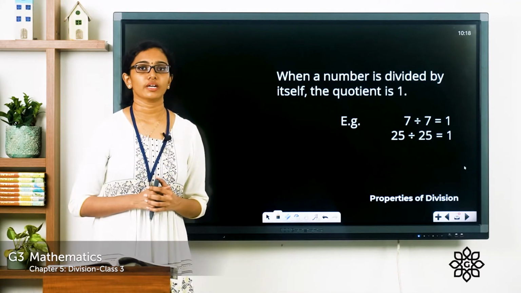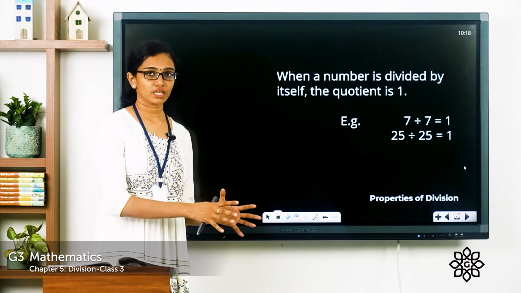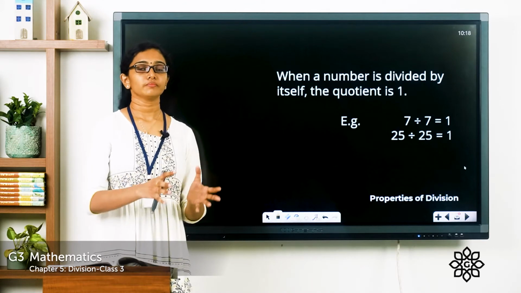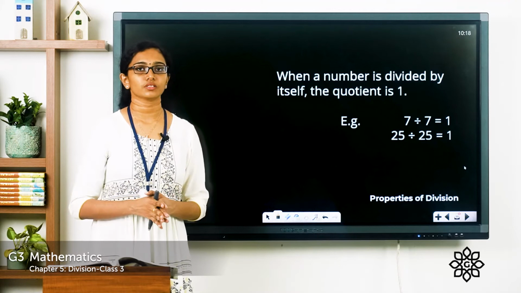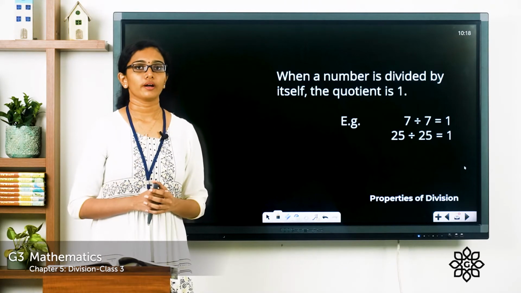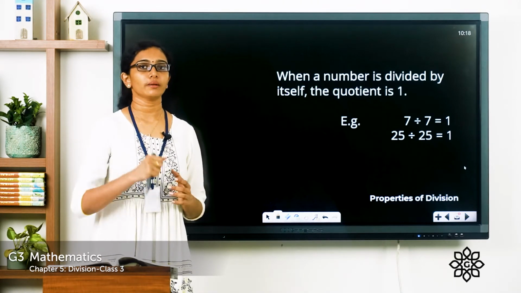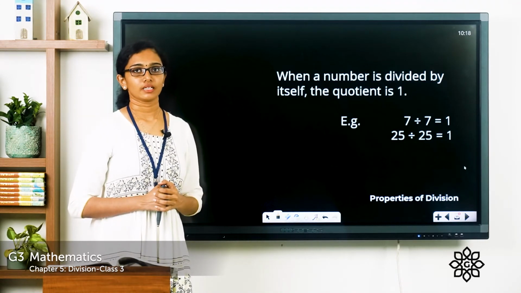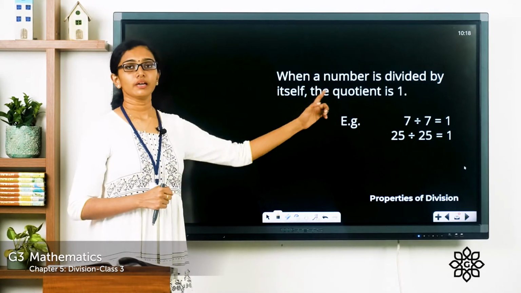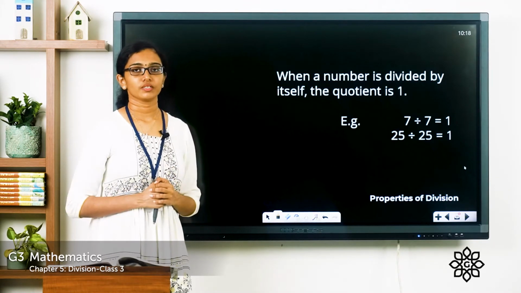To one person only, right? So you can say this 3 flowers divided by 3 flowers is equal to 1. You can give all of it to only one person, right? So it's just like dividing a number by itself, and there will only be 1 as the quotient.